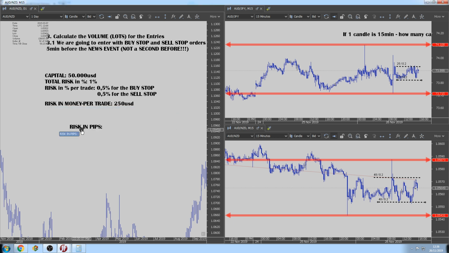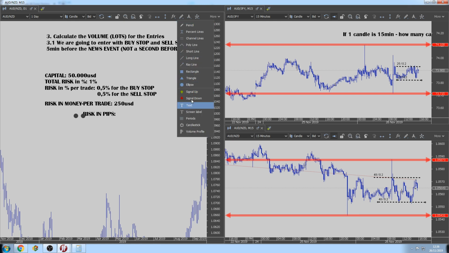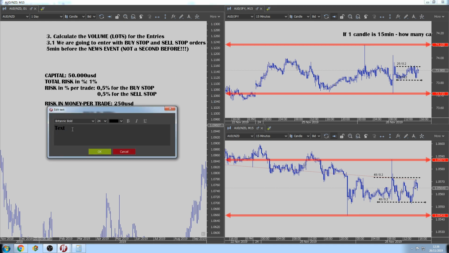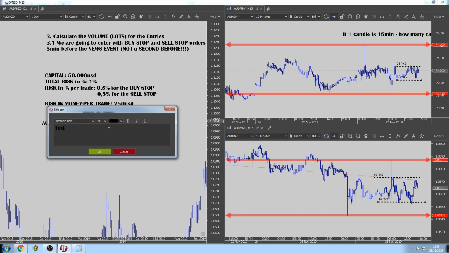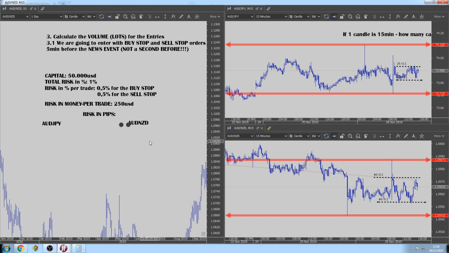So before calculating the volume or how many lots, I need to be aware of the risk in pips. And I have two currency pairs, right? So one is going to be the risk in pips for AUD/JPY, and the other risk in pips is going to be for AUD/NZD. It's just an example, it could be other currencies.